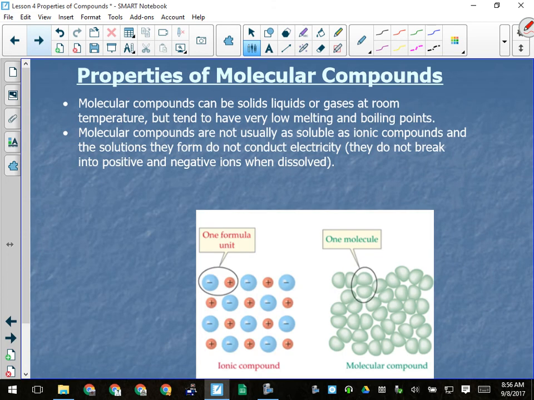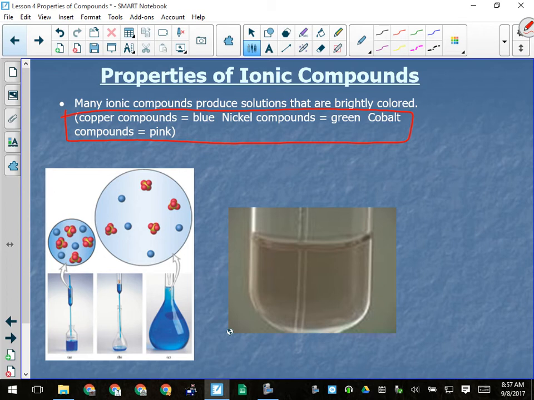Sorry, one thing we should add in here is that ionic compounds are usually highly soluble.